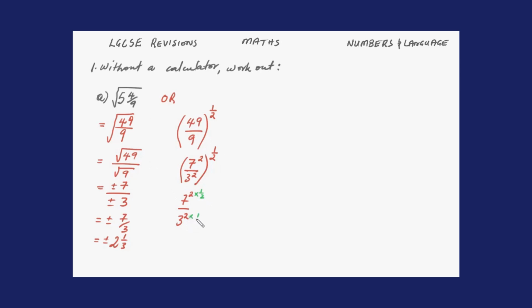So this cancels, and here this cancels. 1 times 1 is 1, so you are going to have 7 to the power 1 over 3 to the power 1, which is the same as 7 over 3, which will give us this also. You will just add plus or minus because you know that the square root of a number could be positive or negative. Okay, now that is it, guys.